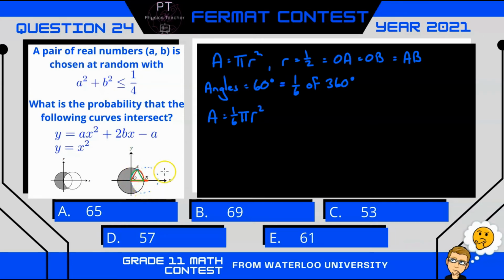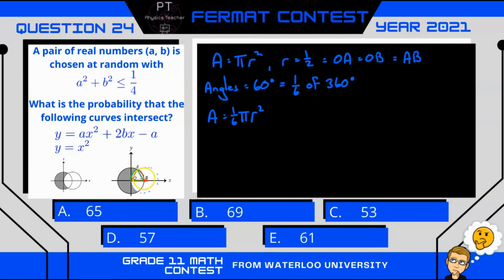That area is also 1/6 pi r squared. So what I can conclude then is this entire area above the axis is equal to the area of this triangle, plus this little curvilinear space outside the triangle on the left and the right.